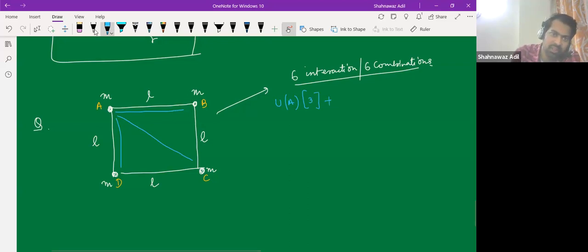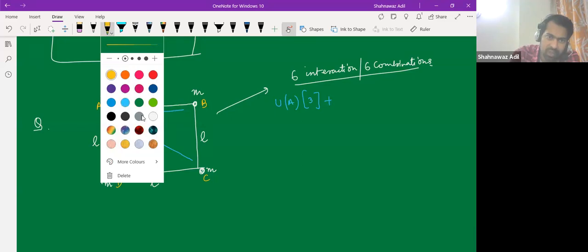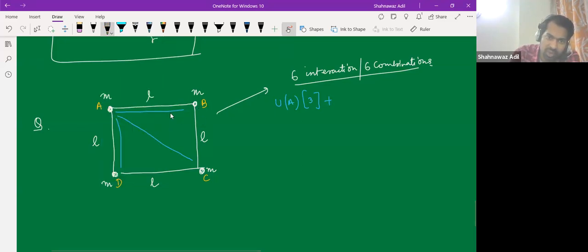Plus, then we got from this one. How many contributions did we get from here? From this one I have 2, because this one I have already counted, AB. So this one and this one, right?